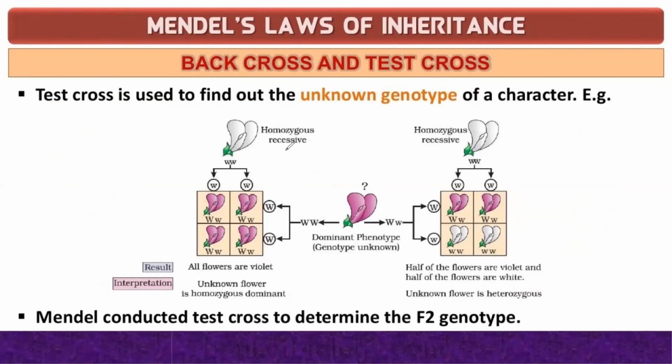Here's one example. Let us say there is one plant with the dominant phenotype, that is purple in color, but the genotype is unknown, so we have to identify it.